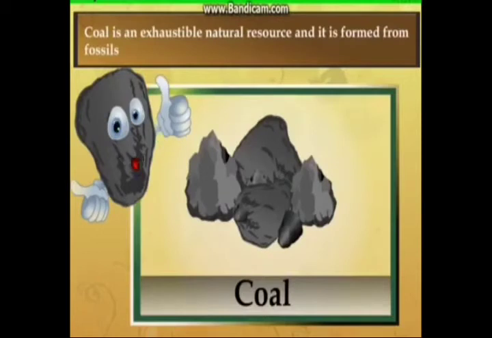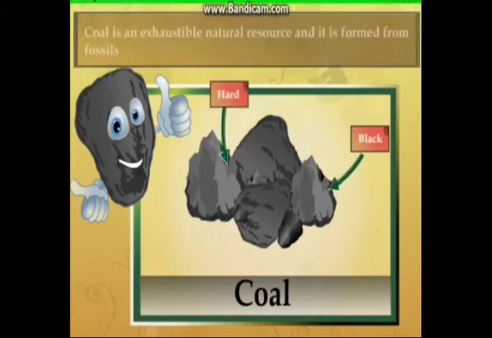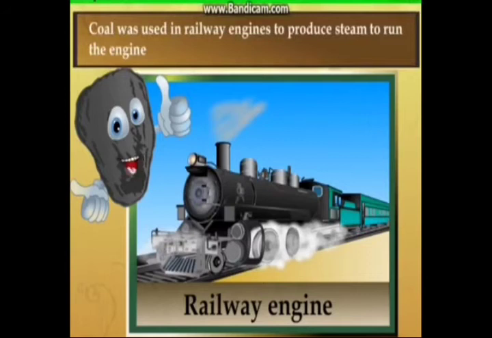Students, let's move on to the first fossil fuel, the story of coal. Coal is an exhaustible natural resource and it is formed from fossils, so it is known as fossil fuel. It is a hard solid mass, black in color. Where is it used? Coal was used in railway engines to produce steam to run the engine.